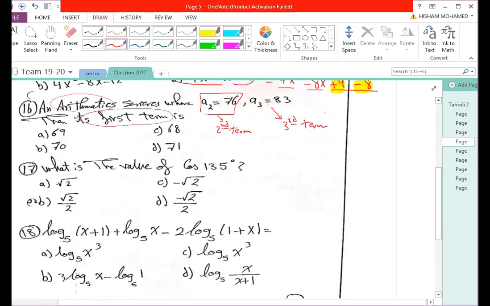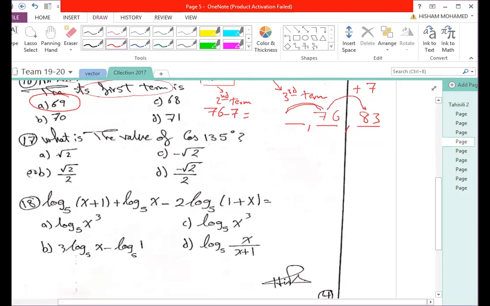This is arithmetic, and the meaning of arithmetic is that you are adding or subtracting the same number every time. From 76 to 83 I add 7, so each time I am adding 7. So to go back, I subtract 7, and 76 minus 7 is 69.